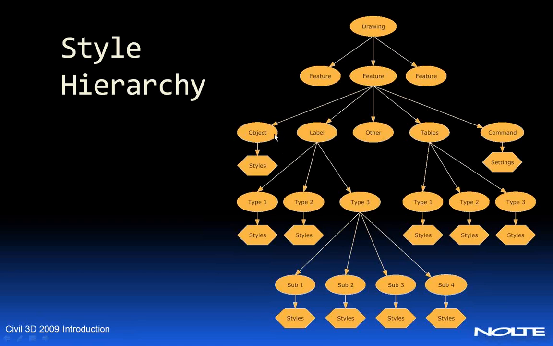You're going to have object styles, label styles. Some of the components have other types of styles, like a profile view has a profile view style. It has band set styles, so there's some unique or other categories depending on what the feature is. Almost every feature will have some kind of tables or tabling capabilities, so there'll be table styles.